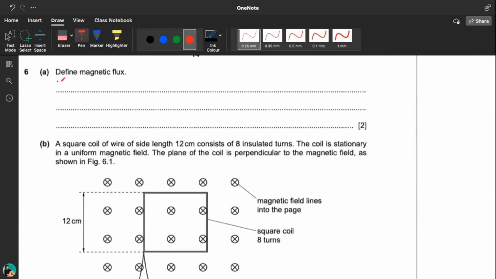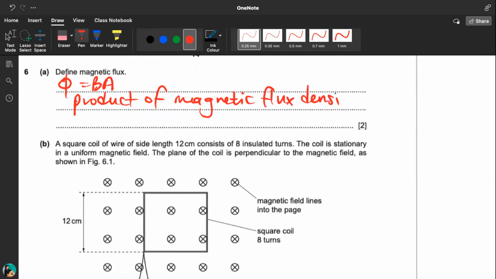Magnetic flux is BA cos theta. If assuming perpendicular, just BA. So we say product of magnetic flux density and area. Second mark is the area is perpendicular to the magnetic field.